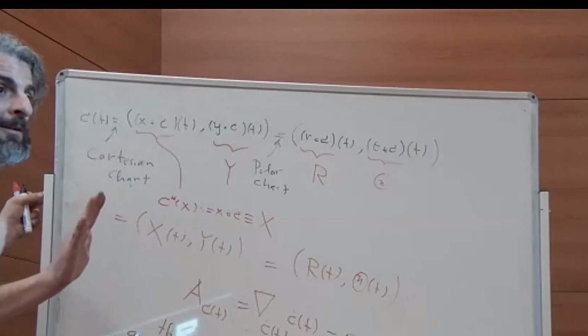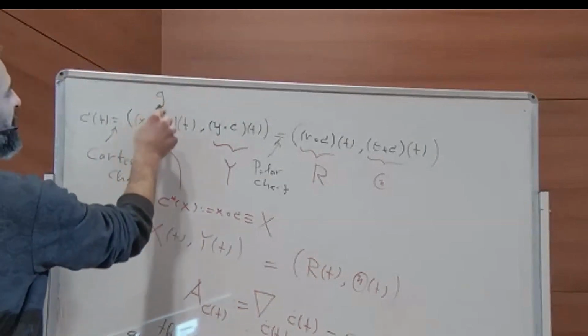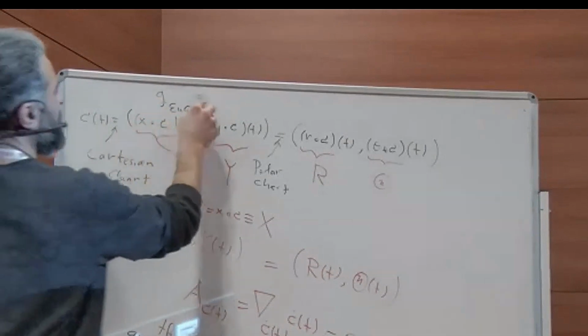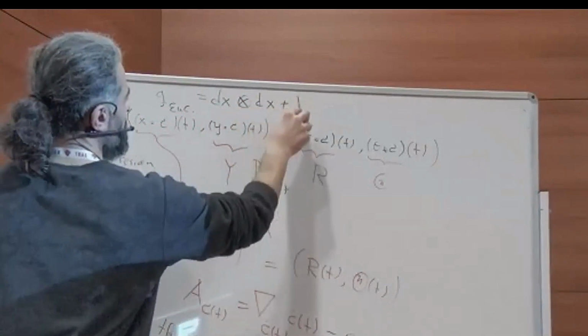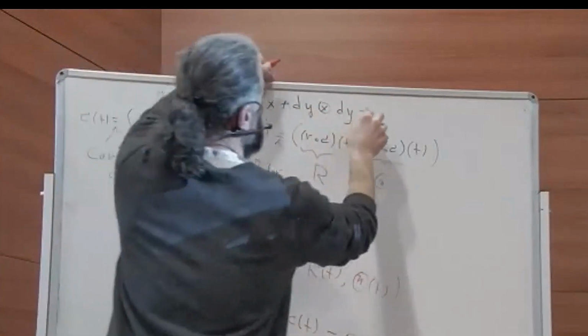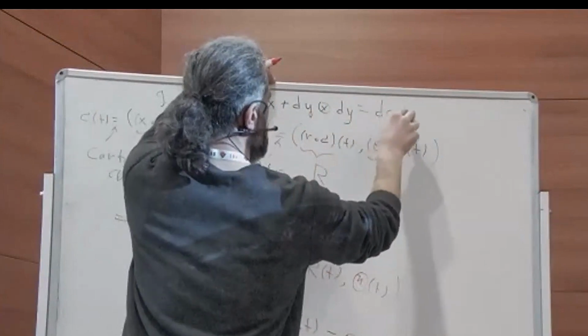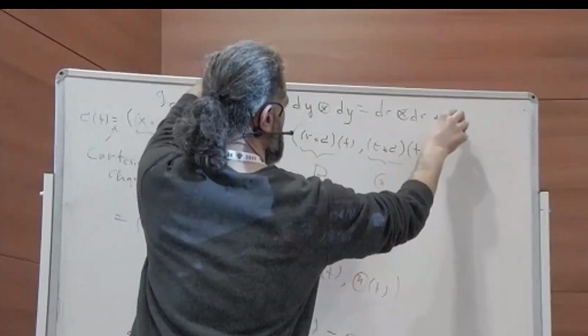Up to now, I didn't use the metric structure of two-dimensional Euclidean space. Or in polar chart, this is nabla R. These are all covariant derivatives, not ordinary differentials.